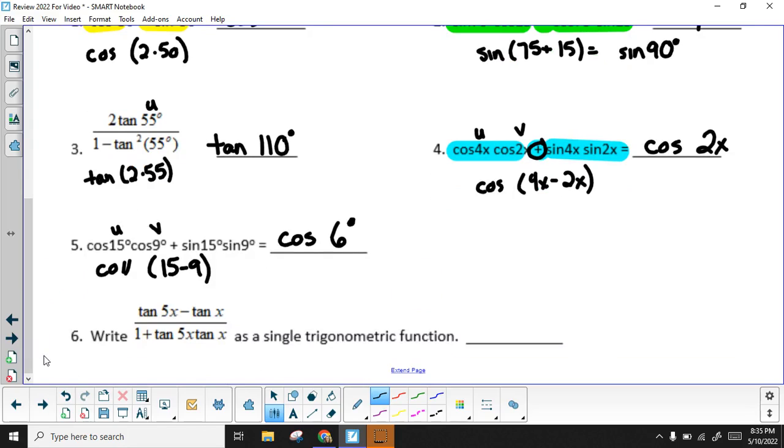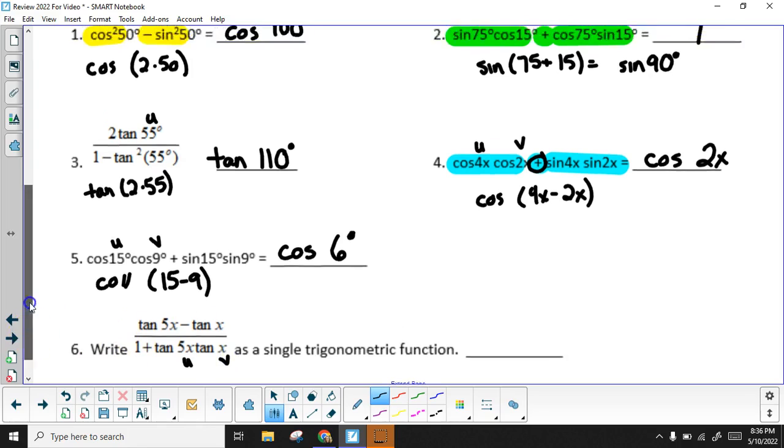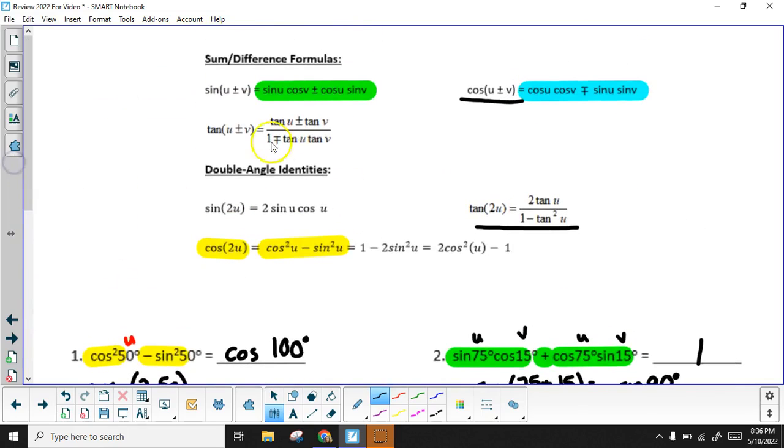Okay, for number 6, we have the tangent of 5x minus tangent x over 1 plus tangent 5x tangent x, we want to write it as a single trig function. So we have two values right here. We've got a 5x, which is a u value, and a plain old x, which is our v value. And so we're looking at tangent u minus tangent v over 1 plus tangent u tangent v. That looks like our formulas here for tangent.